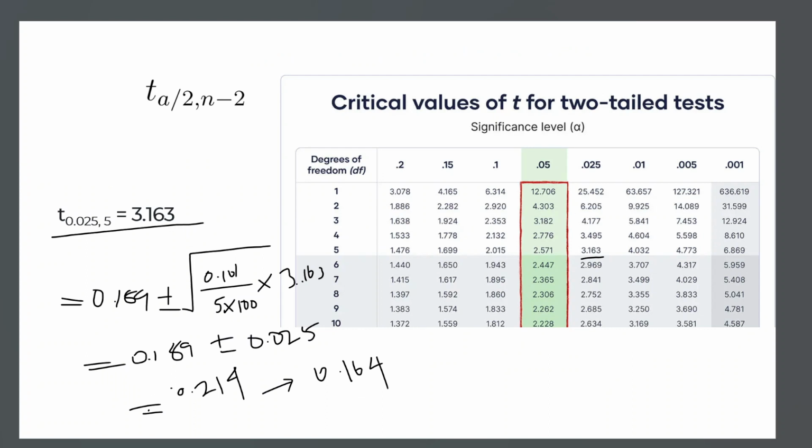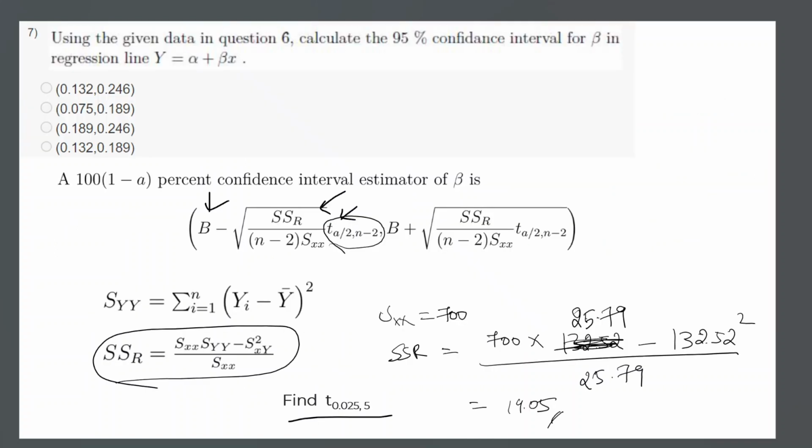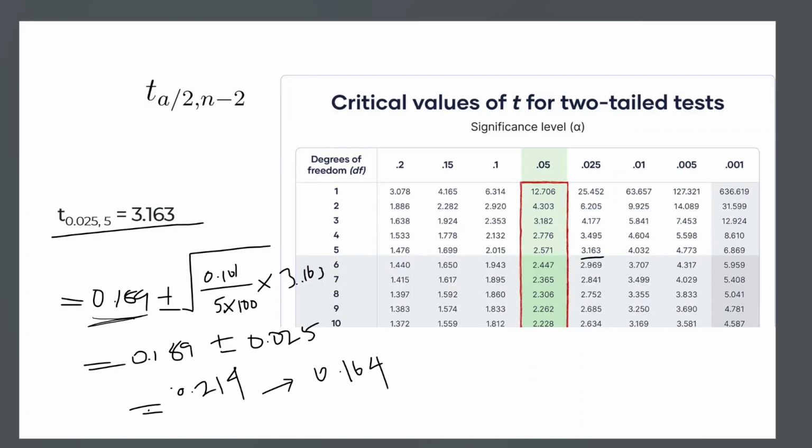b is 0.819. So we will get the t score from 0.025 significance value, and degree of freedom n minus 2.